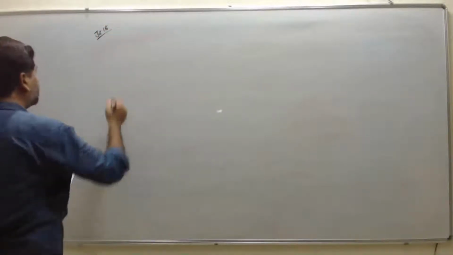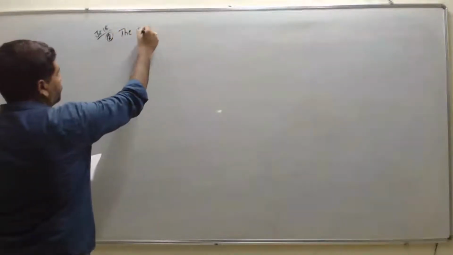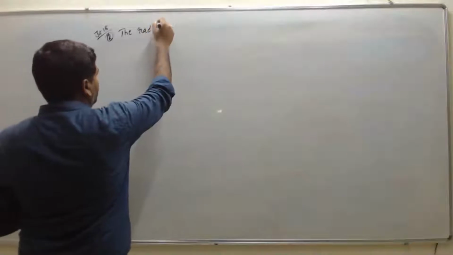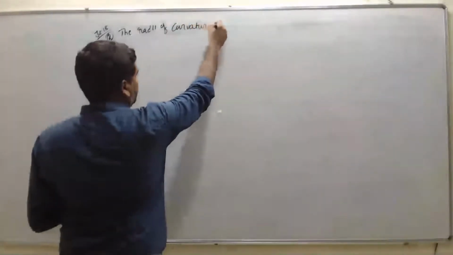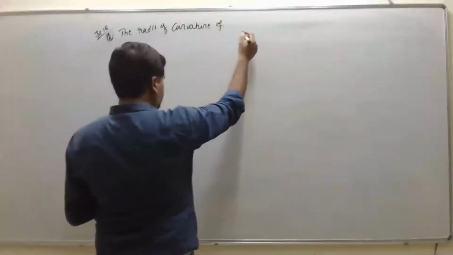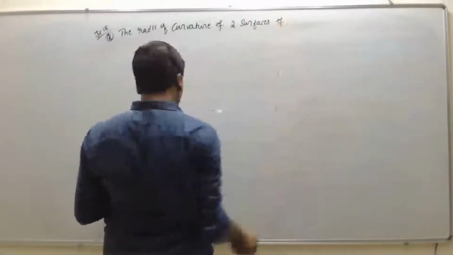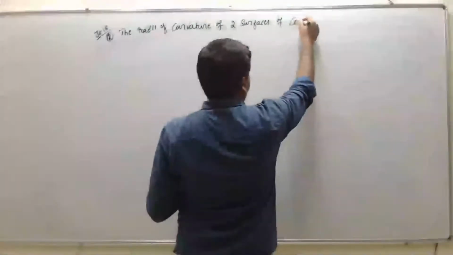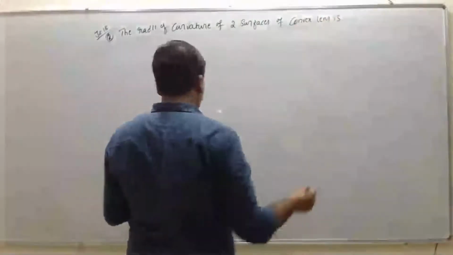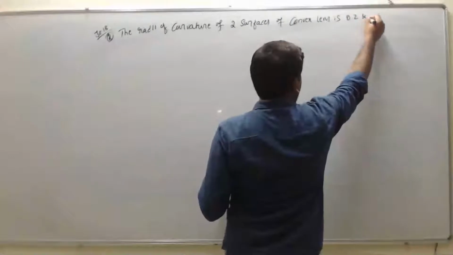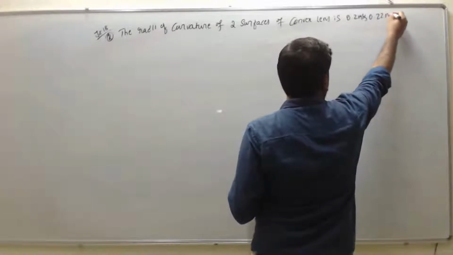They ask this question: the radii of curvature of two surfaces of a convex lens are 0.2 meter and 0.22 meter.